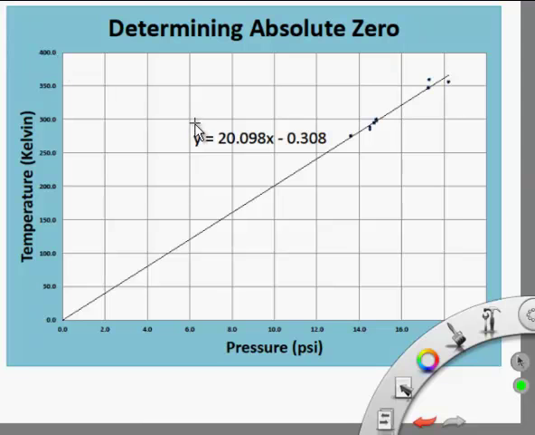You can see that the higher temperatures here are associated with relatively high pressures. And the lower temperatures, where the sphere was submerged in the ice water, correlate to lower pressures. The pressures were in units of PSI, the temperatures in units of Kelvin.